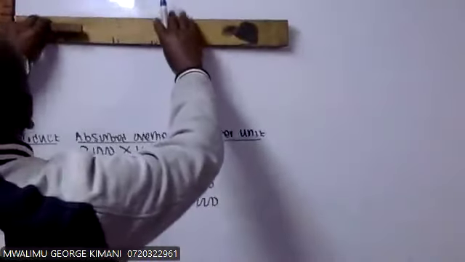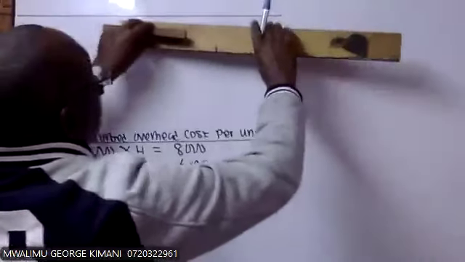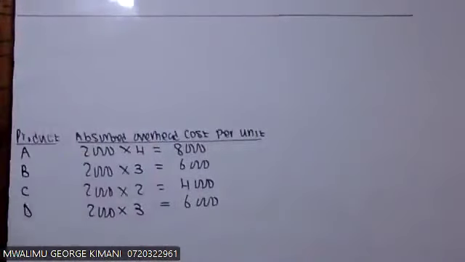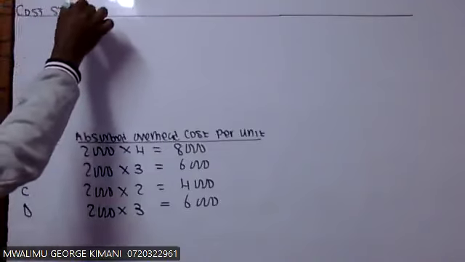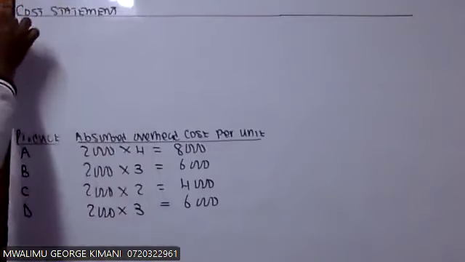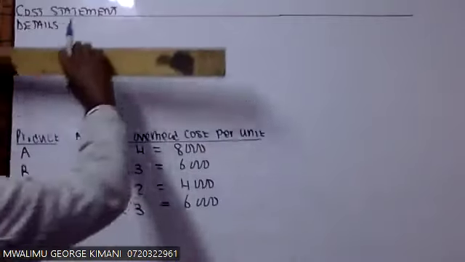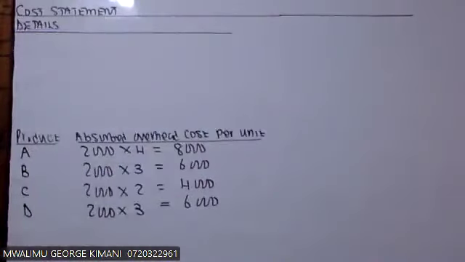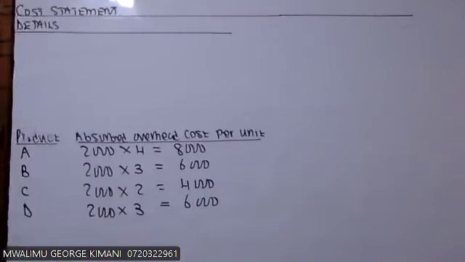So the cost statement, we have details. Under the details, we will have the first one. The first thing is direct material costs.